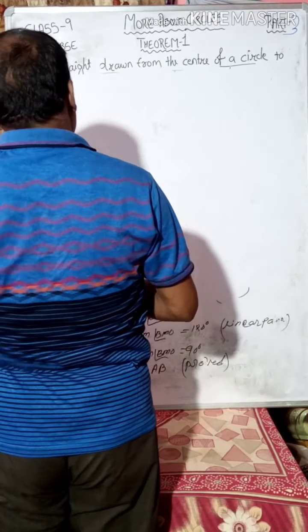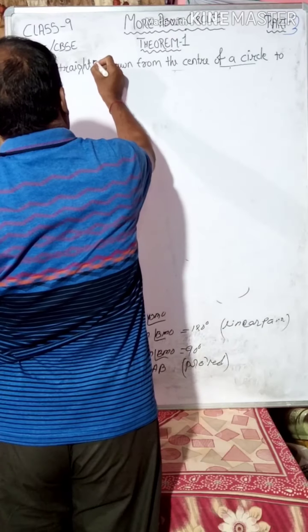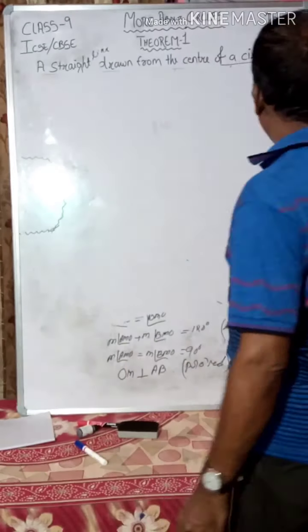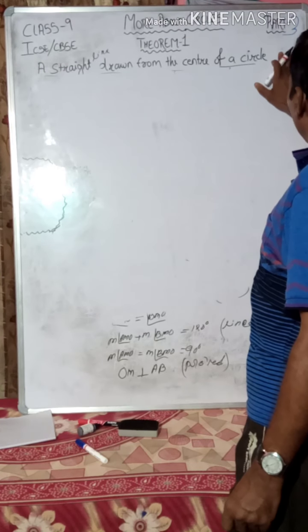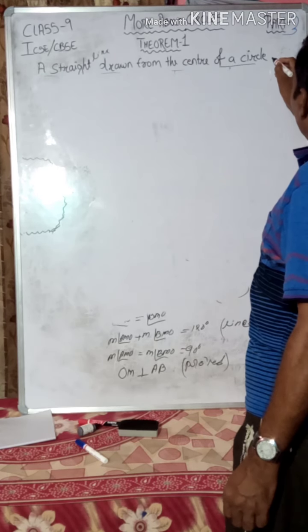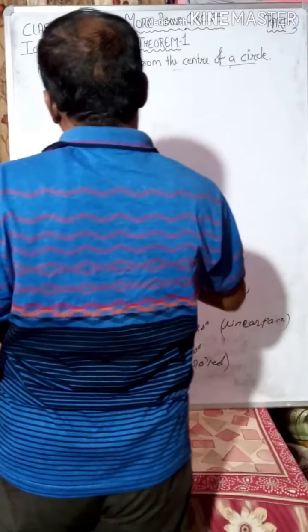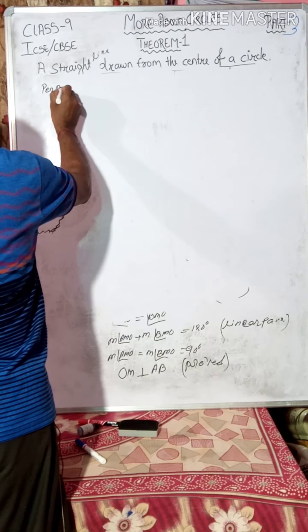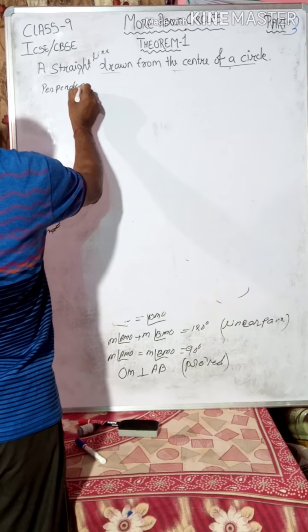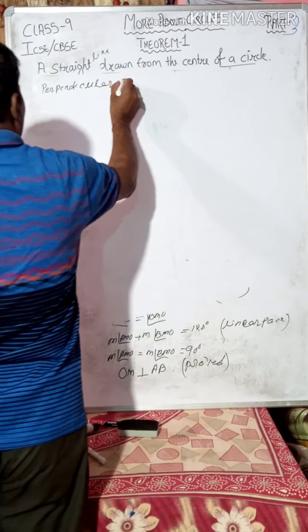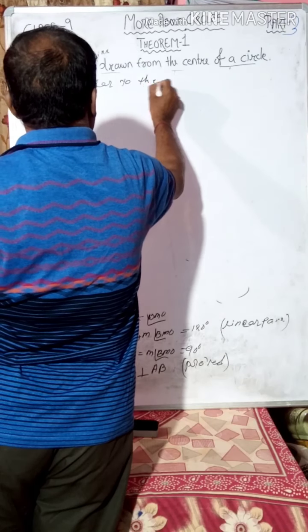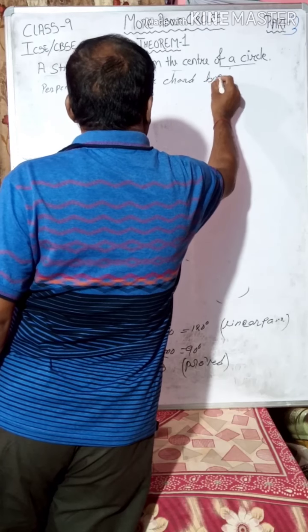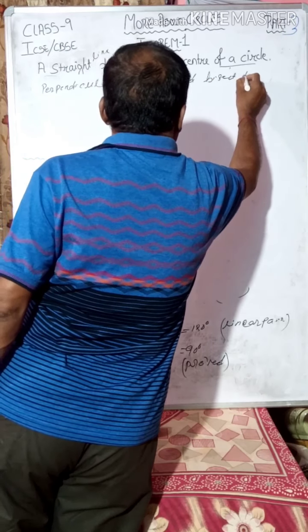A straight line drawn from the center of a circle perpendicular to the chord bisects the chord.